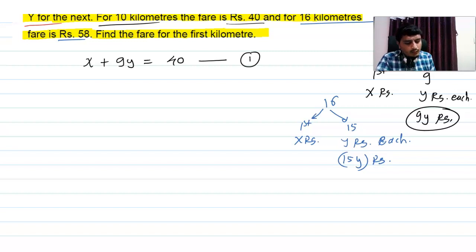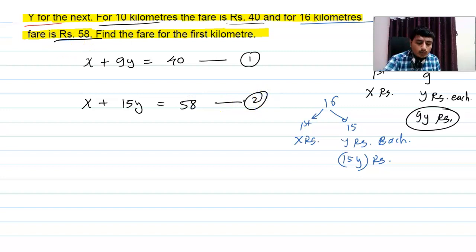So as per the given, for the first kilometer we pay x rupees and for the next 15 kilometers we pay 15y rupees. The total fare is 58, which we call equation number 2. Try to solve equations 1 and 2 simultaneously, so that we get the value of x, the fare for the first kilometer, and the value of y, the fare for each next kilometer.